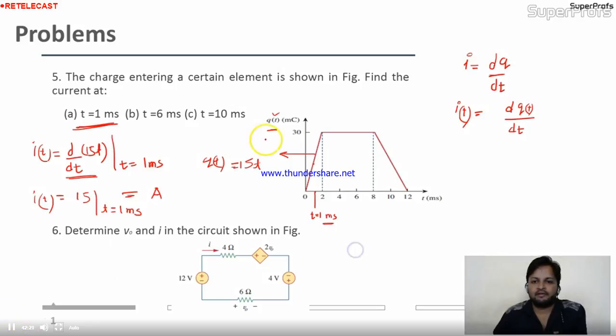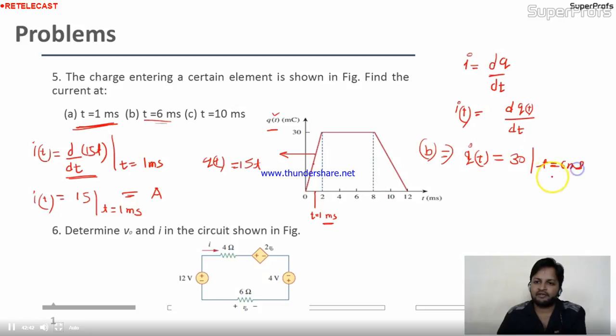Good. Now come to the second question. Again, find the current at t equal to 6 millisecond. In the second question, the value of charge at t equal to 6 millisecond is nothing but 30. At t equal to 6 millisecond, what is the value of charge? Yes, it's 30.